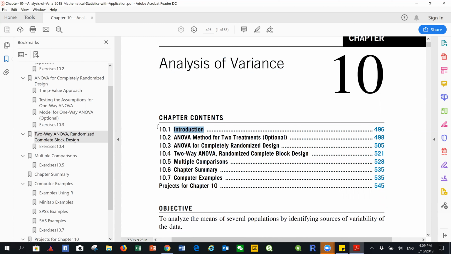We need to be able to sum up in one sentence what ANOVA is all about, and that, according to what I just described, is comparing multiple means by analyzing the variance. Okay, so that's the introduction.